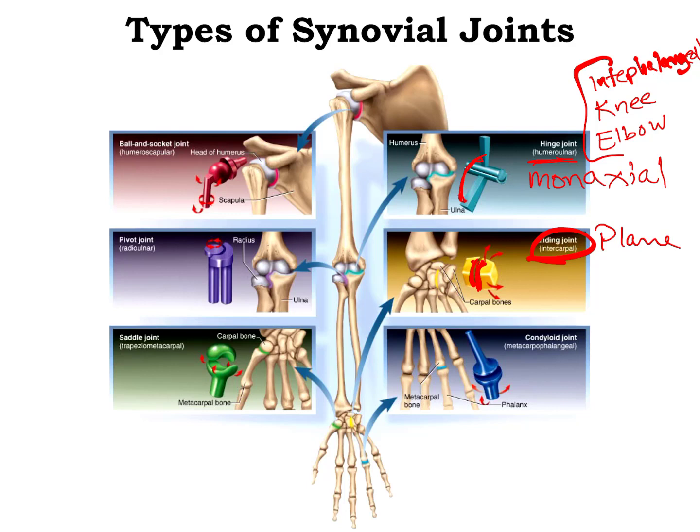Then you have the condyloid joint, which is a very specific one. This is not between the phalanges, as I had kind of looked at before, but really between just the metacarpals and the phalanges. So it's like your knuckles. Maybe you have knuckles on the phalanges too, but it's between your metacarpals and your phalanges, and that's the only place where you're going to see a condyloid joint.